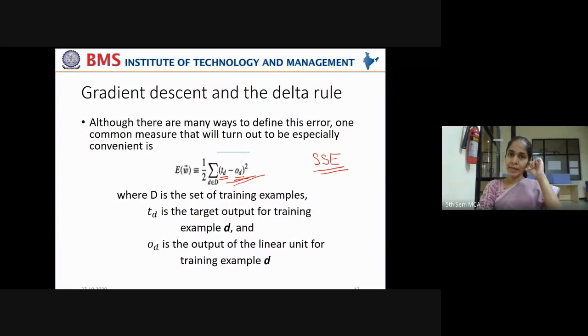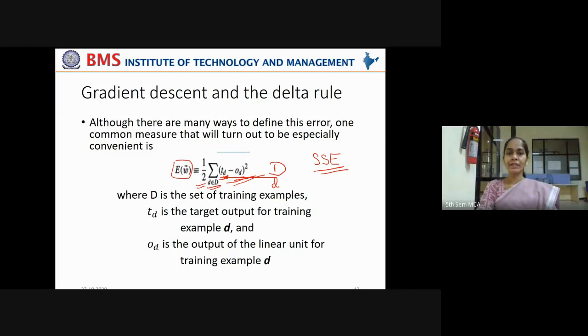Okay, say for training example 1, there is some prediction error. For training example 2, there is some prediction error. Now, all these errors have to be squared and summed up, and that is halved. That is defined as the error. So what you're doing here is summing up all the prediction errors where d belongs to D. D is the set of all training examples and small d is every training example.